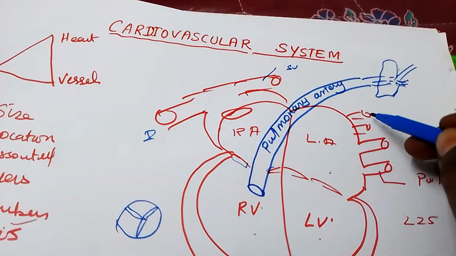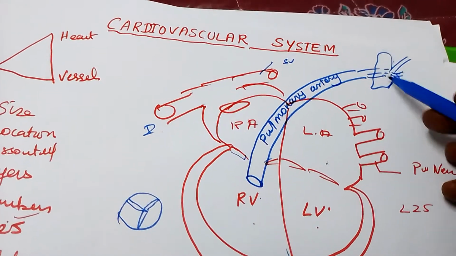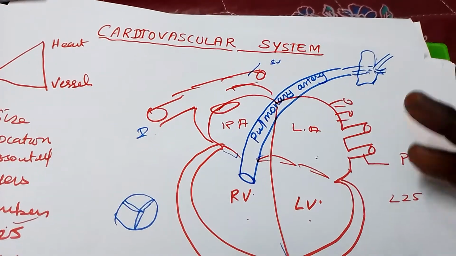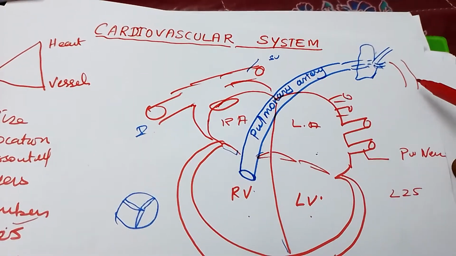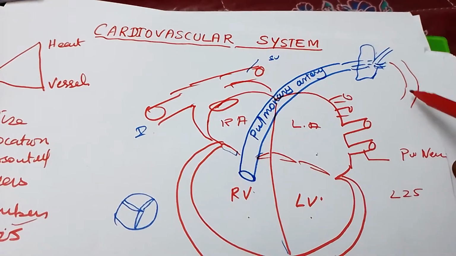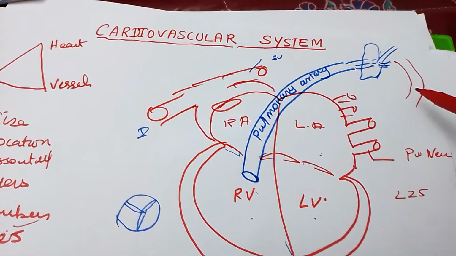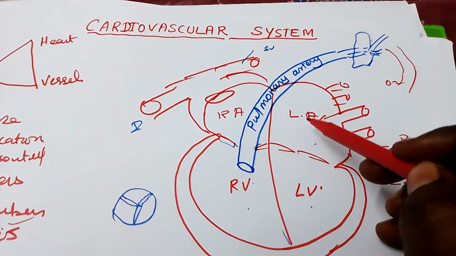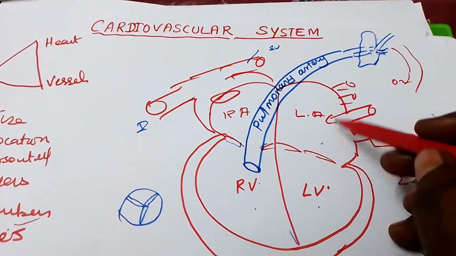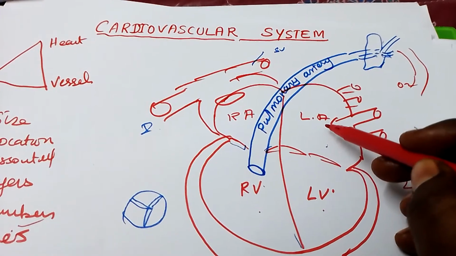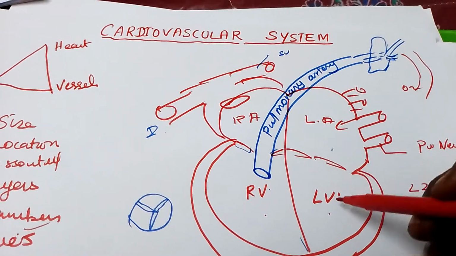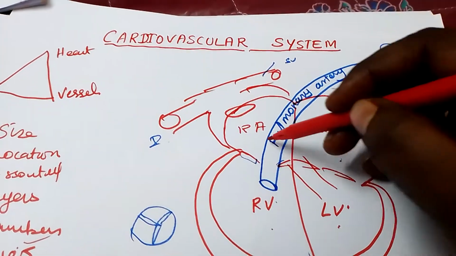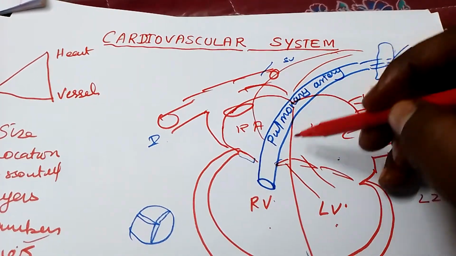Four pulmonary veins. All this exchanged blood is taken by the pulmonary veins, which carry oxygenated blood. Once the oxygenated blood comes to the left atrium, the pressure increases, the valve opens, and from the left ventricle another great vessel starts, called the aorta.